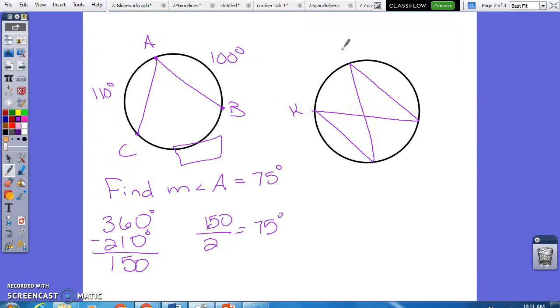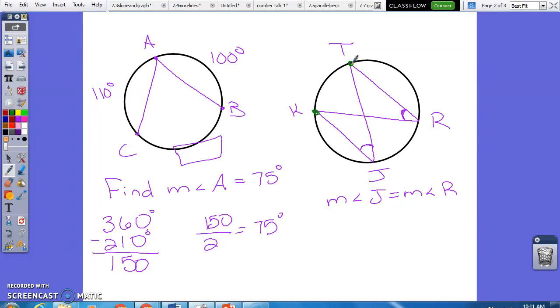So it'll be K, T, R, and J. The measure of angle J and the measure of angle R would be equal to each other, because they both intercept the same arc in the circle.